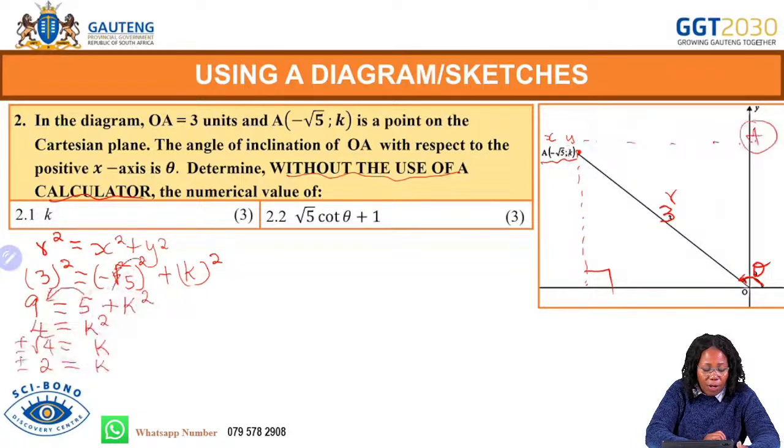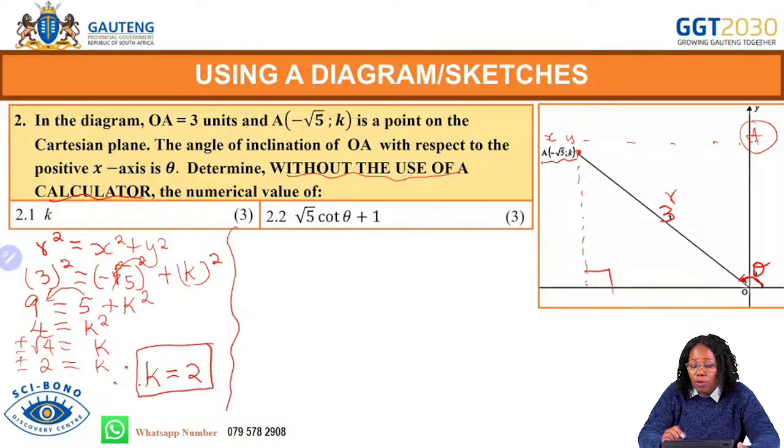So we are looking for the y value that is positive. Therefore, you need to finalize grade 12 and tell us that the k value is a positive 2. Since you have plus minus there, the final one will be 2. So our coordinates here for A, then it will be the minus square root of 5 coordinating with a 2 there. That is our x and y values.